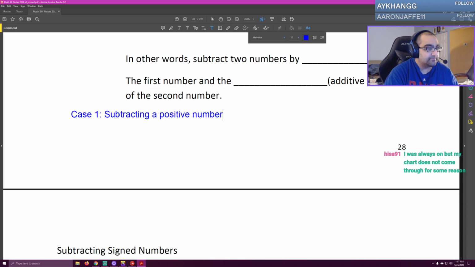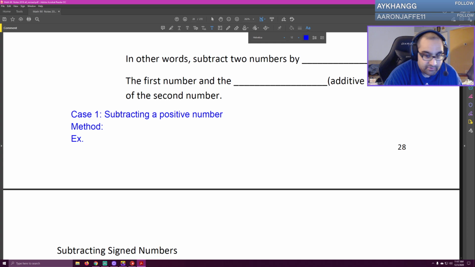Okay, so we'll talk about the method in just a second. But what example am I talking about here? Let's say I'm subtracting by a positive number. What does that mean in this case? Well, let's say I had the situation where I had, say, 4 minus 6. Let's just write 4 minus 6.